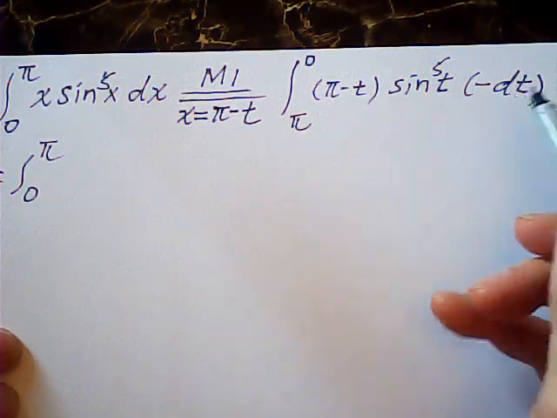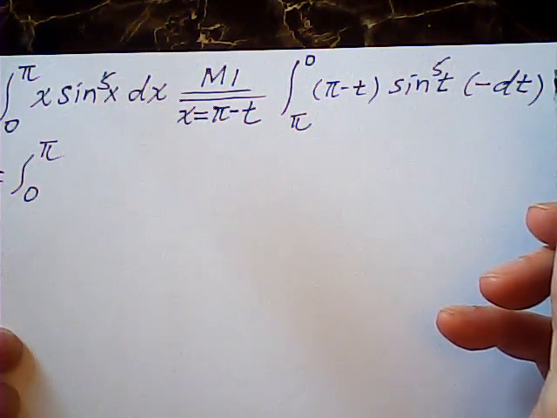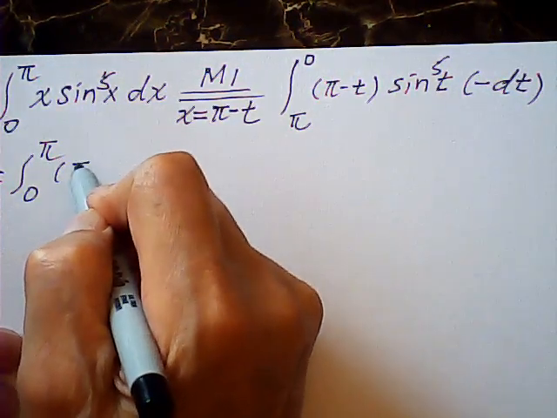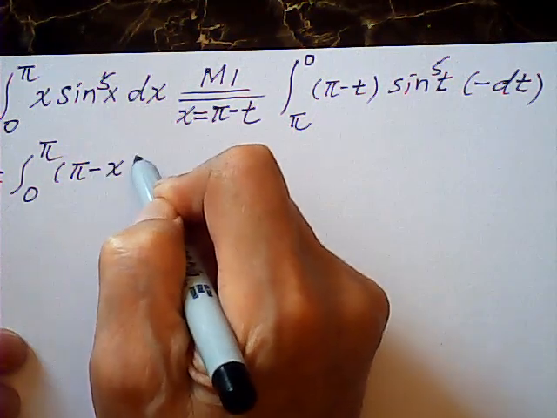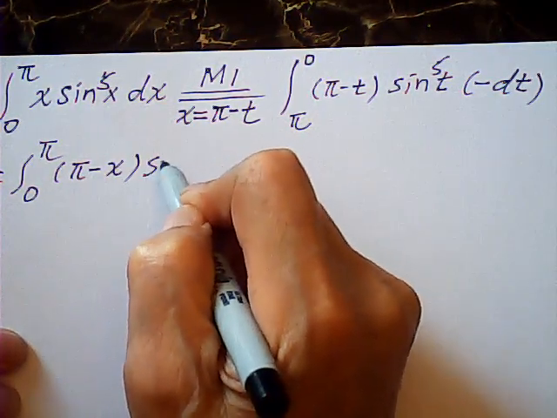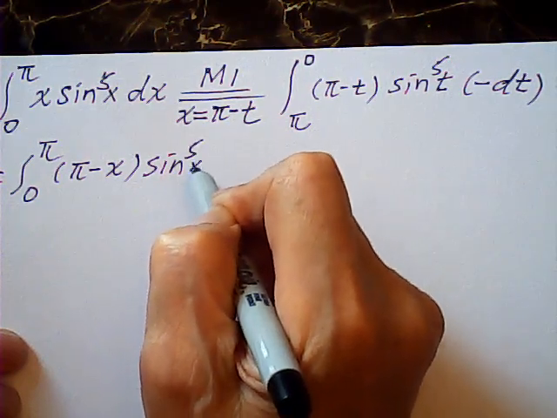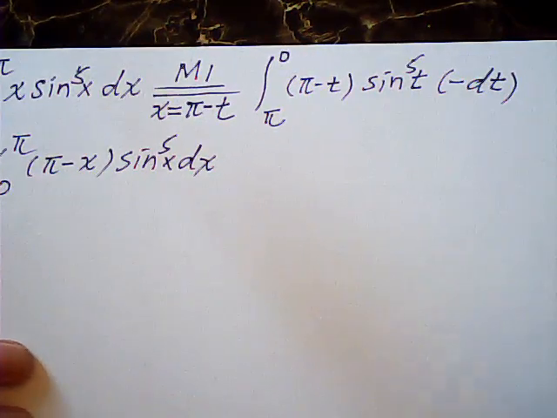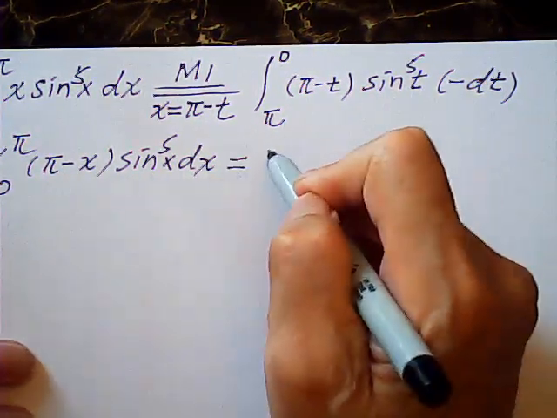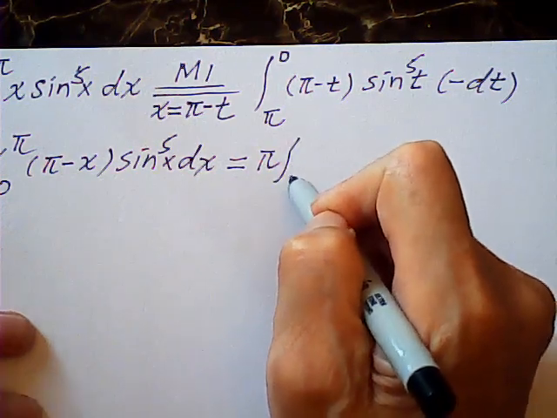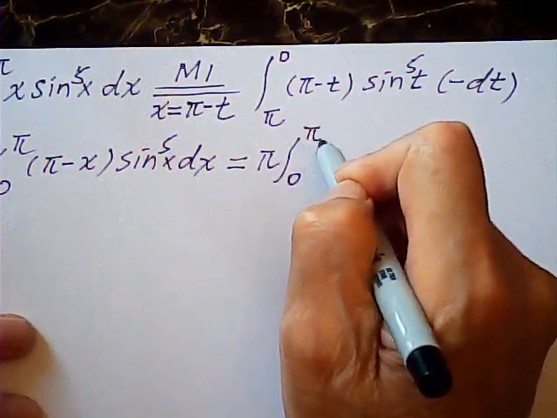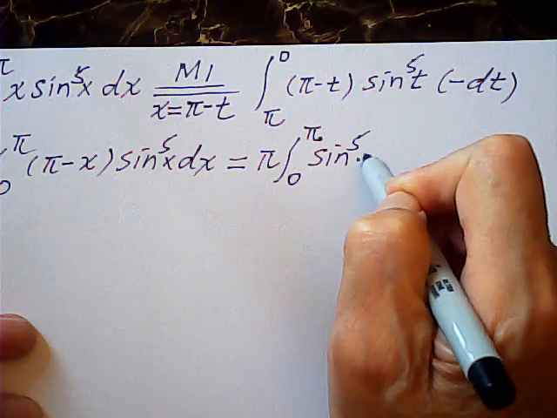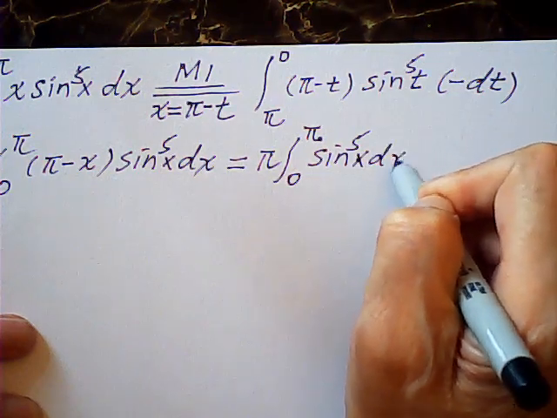Now t and x are just dummy variables. I can write x instead. Pi minus x, sine 5th power x dx. All right, so it becomes pi times the integral 0 to pi of sine 5th power x dx.